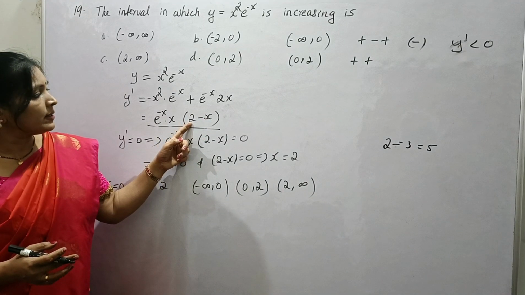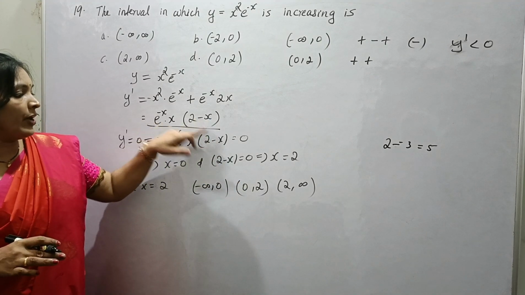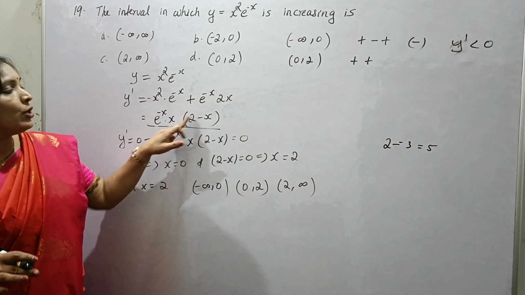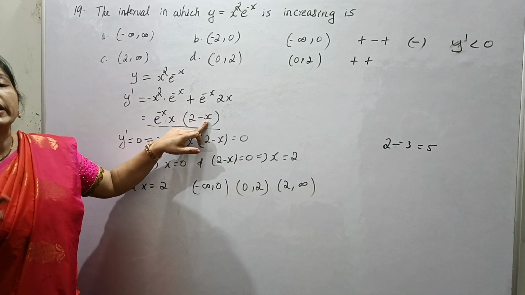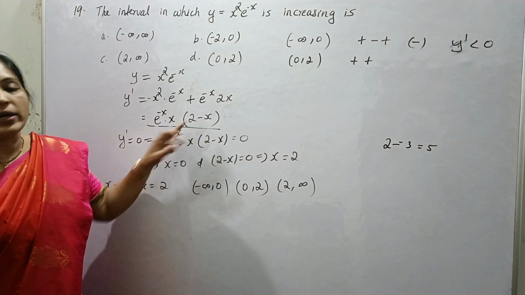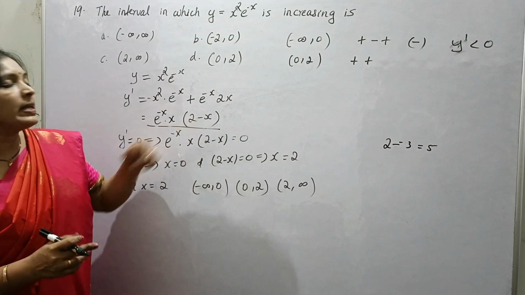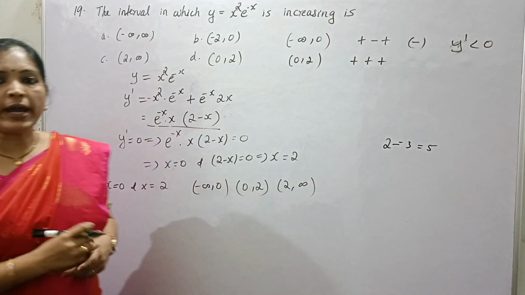When we substitute x is equal to 0, you will get a positive value. So 2 minus x will be positive.